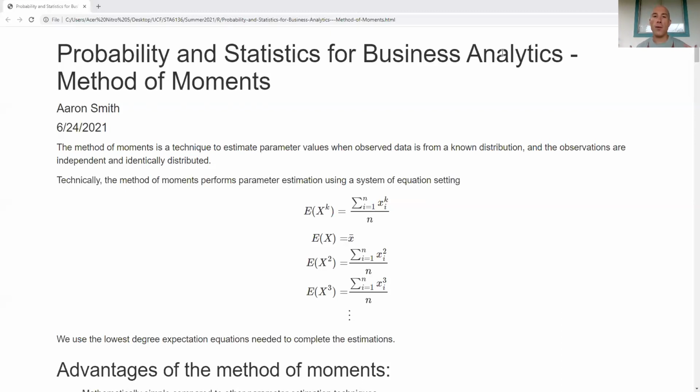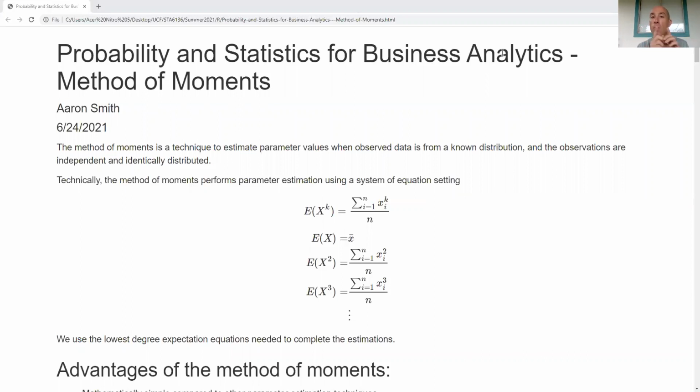So what I want to do is take my data and figure out what's a reasonable value for those parameter estimates. What we're going to do is take the first moment from probability theory, and set it equal to an estimate that corresponds to it, which will be the sample mean.